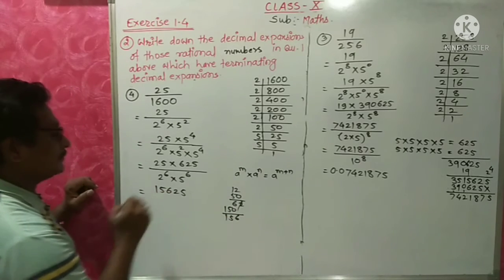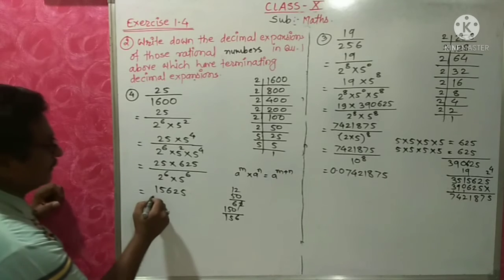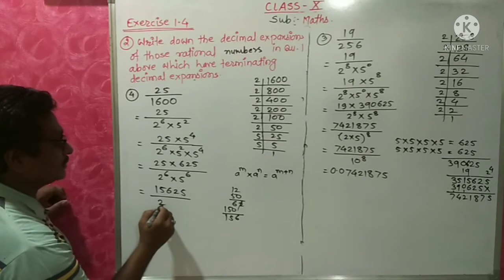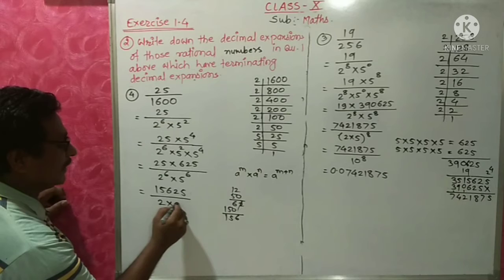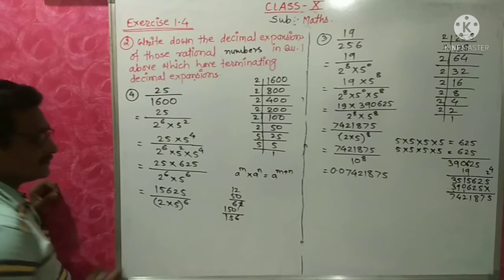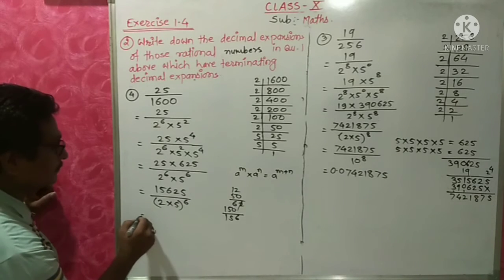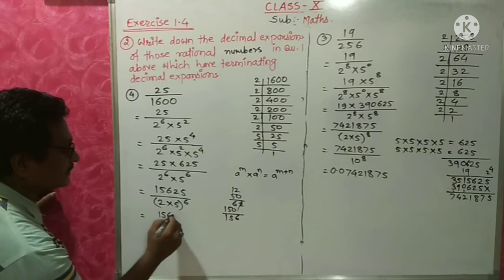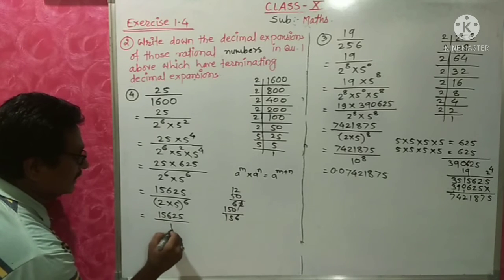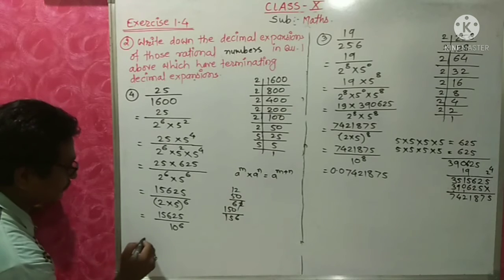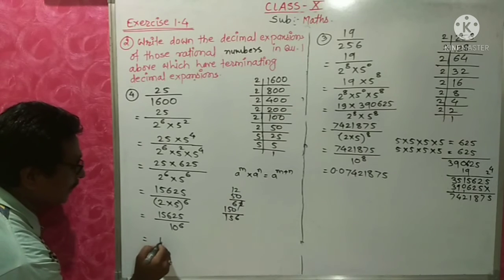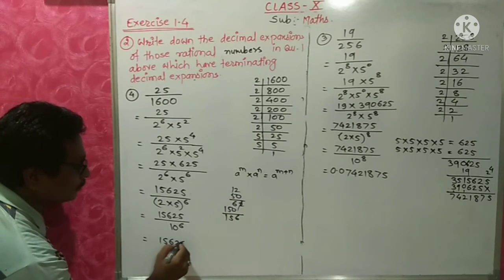156. Now here, what will we get? 2 raised to the power 2 into 5 raised to the power 6 means 15625 over 10 raised to the power 6. So 15625.